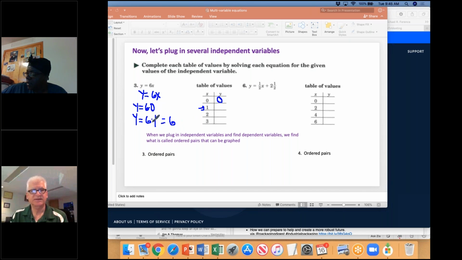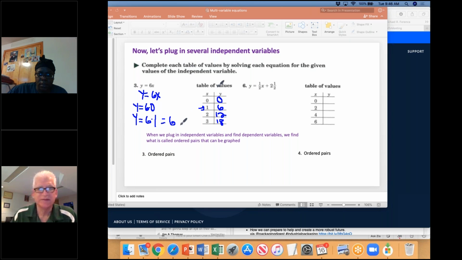So when x equals 1, y equals 6. y equals 6 times 2. It's 12. And then 3. 18. Okay, very good.